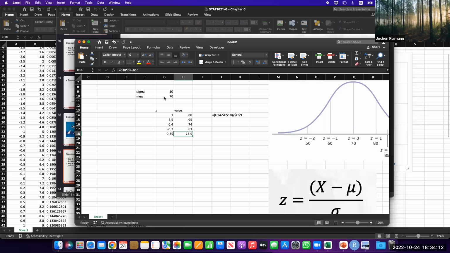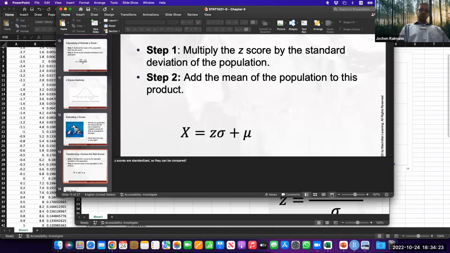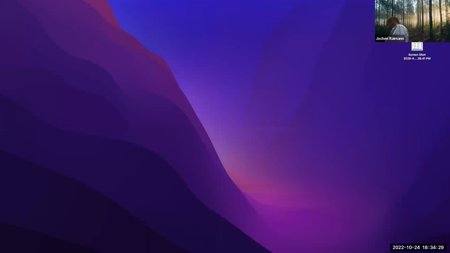So this is basically reversing that formula. It's a simple rearrangement, and now just looking at it from a different angle. Okay, so that's basically the other way around, just going backwards. Simple, right?